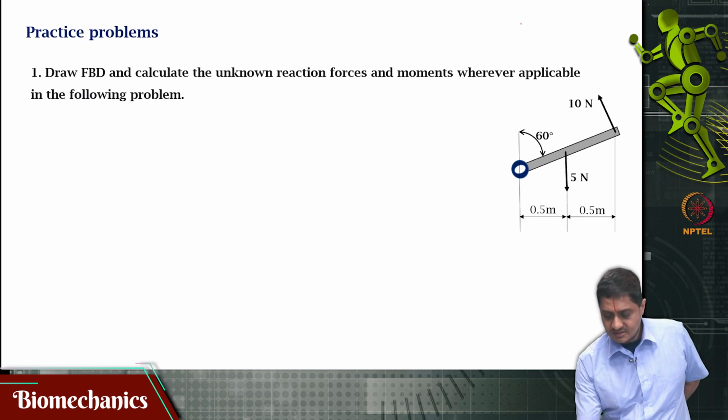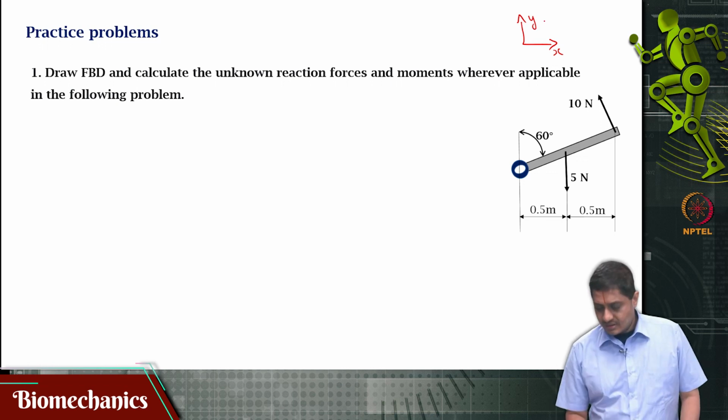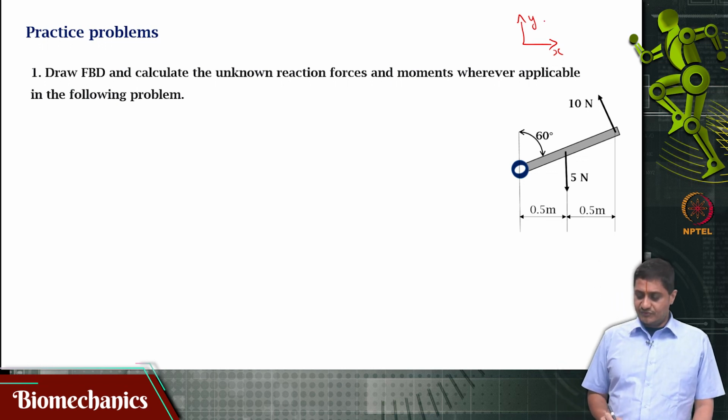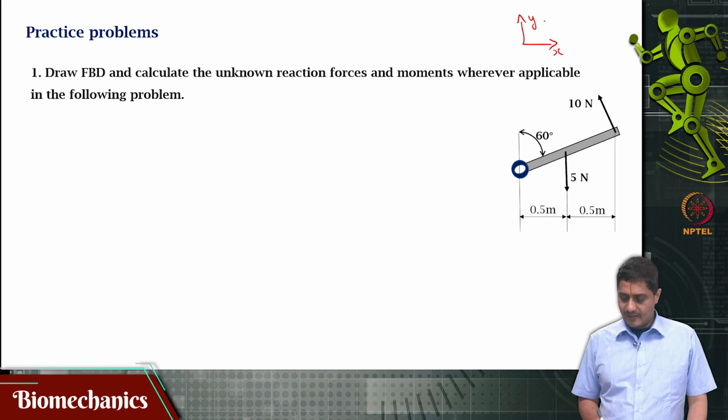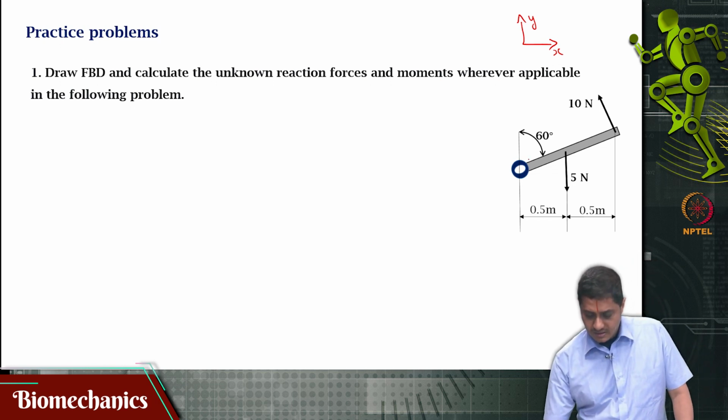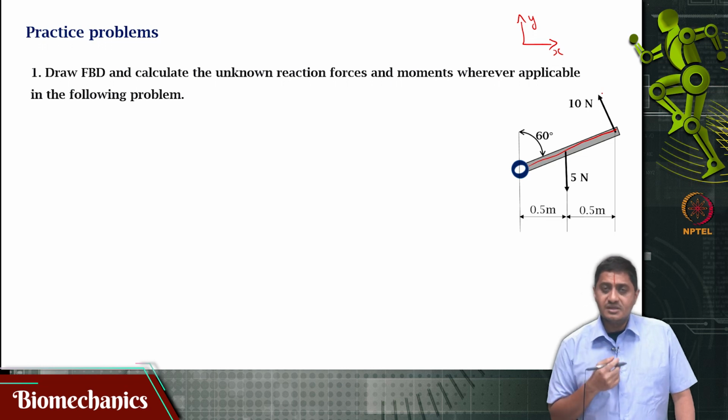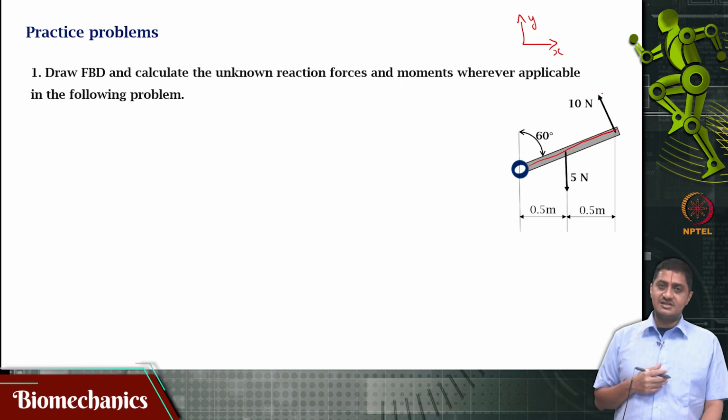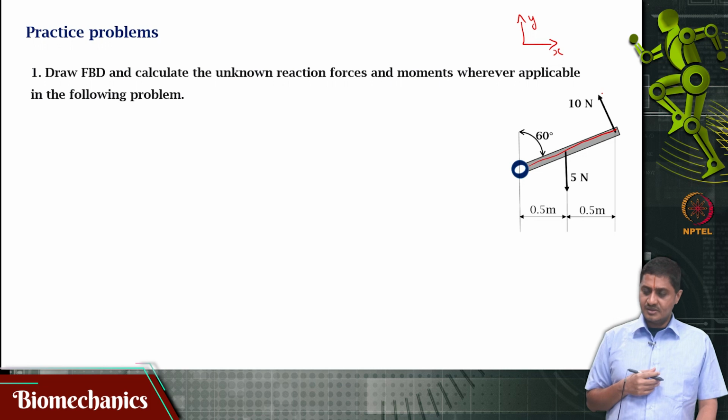Let us consider that xy axis. In the negative y axis, there is a 5 Newton force acting. Perpendicular to this beam or this bar, there is a 10 Newton force acting, that has a component in both the x direction as well as the y direction. Why is that?